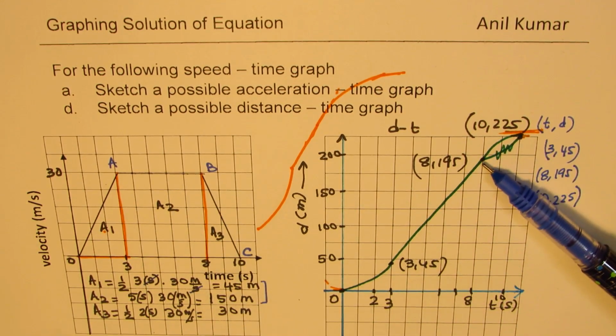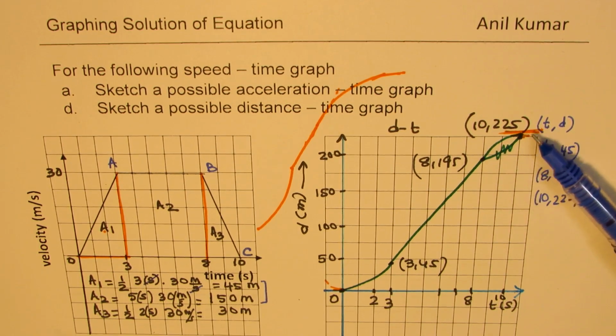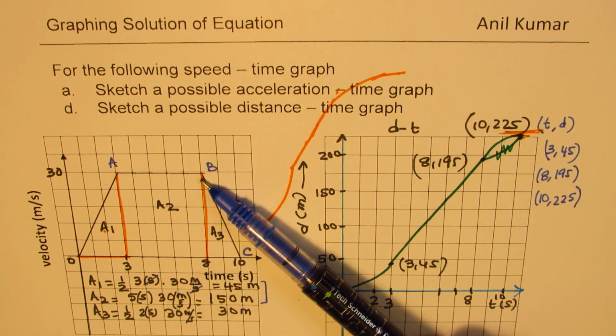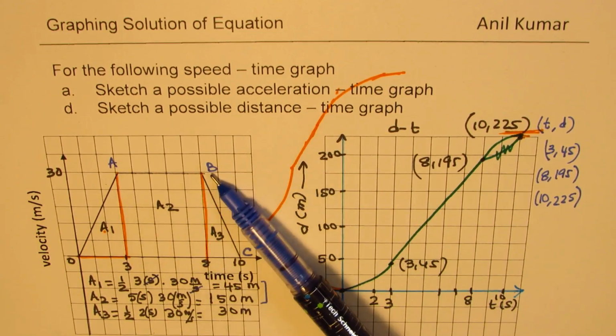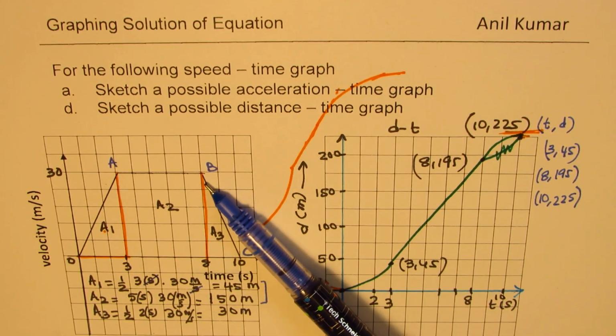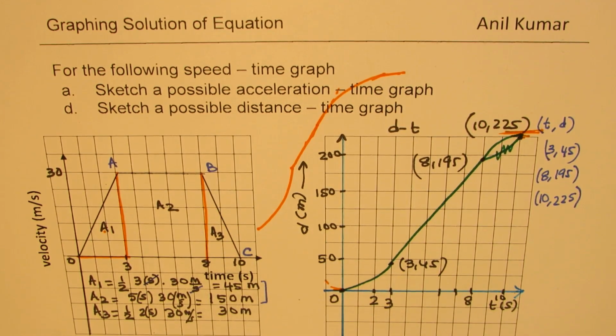And this curve, which is a parabola opening downwards, indicates that the velocity decreases at a rate which is constant. Right? We worked out acceleration as 15 meters per second squared, from 30 to 0 meters per second. Perfect. So that is how we should be drawing these graphs from the velocity time graph.